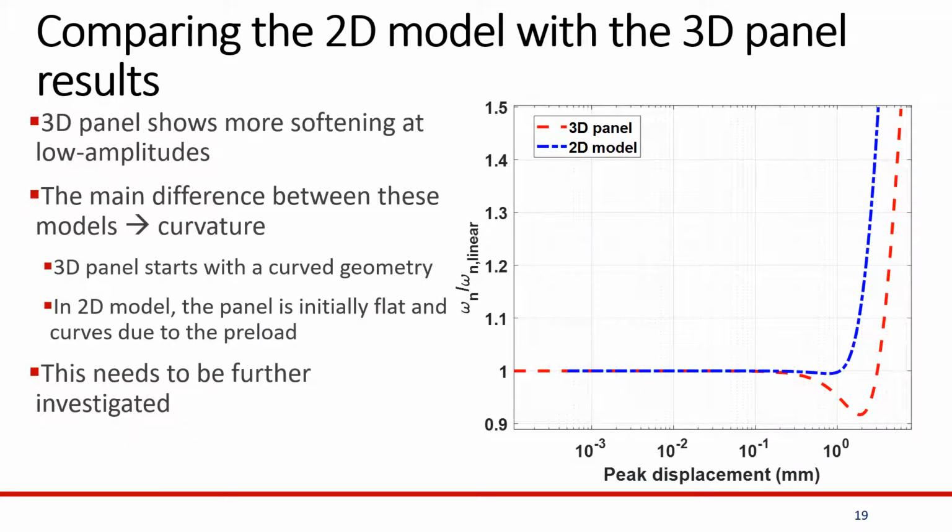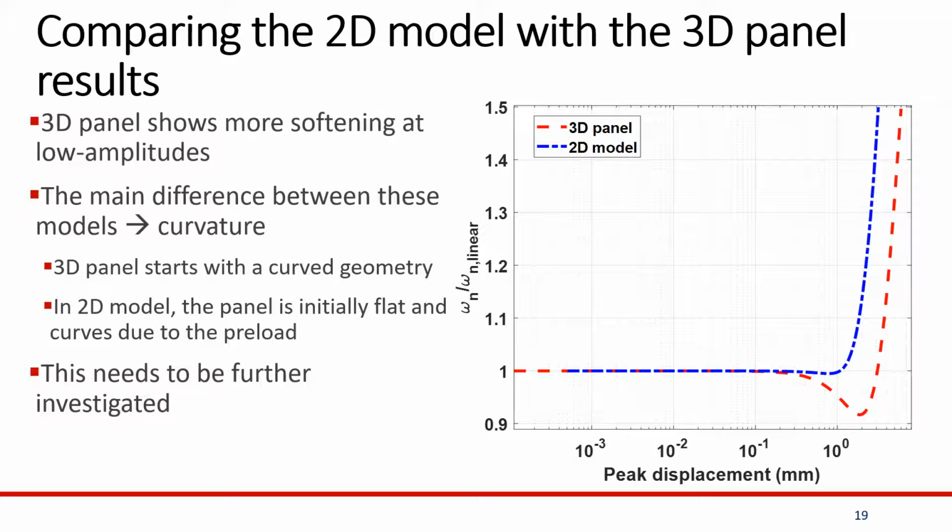Okay, so here we're comparing the results from the SICE ROM on the whole 2D model against the results of the SICE ROM for just the 3D panel. Now the 3D panel, as can be seen on the plot here, shows more softening at low amplitudes than the 2D model. The main difference between these two models is the way the curvature was obtained.